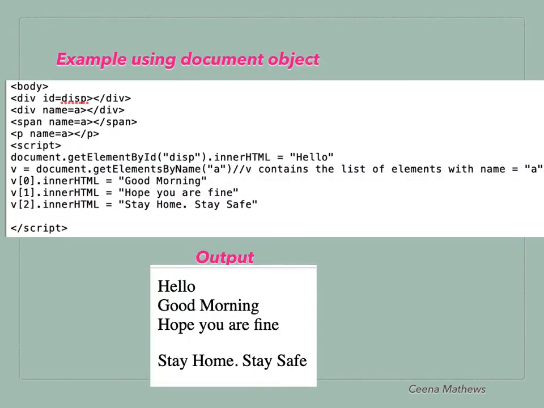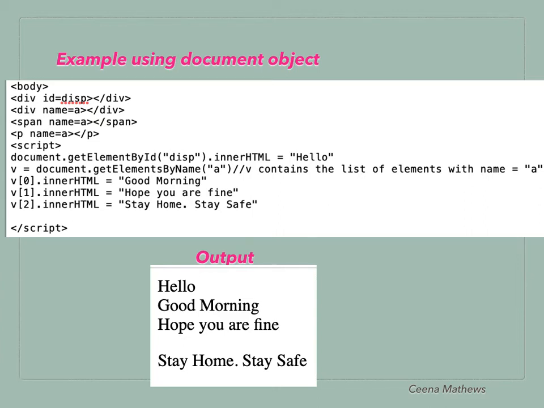This is an example using the document object. In the body section, I have 4 elements: 2 divs, 1 span and a paragraph. And in the script section, I have used 2 methods of the document object, which are getElementById and getElementsByName. In the first div portion, I'm going to print the message hello.